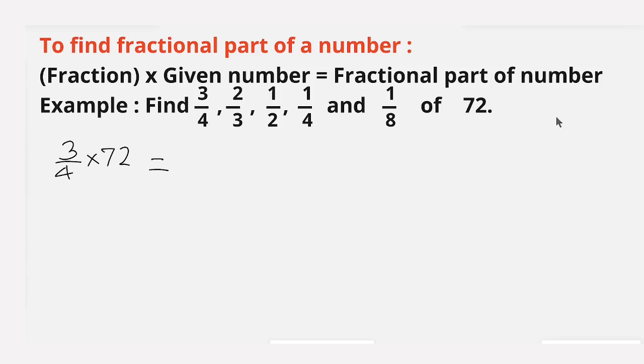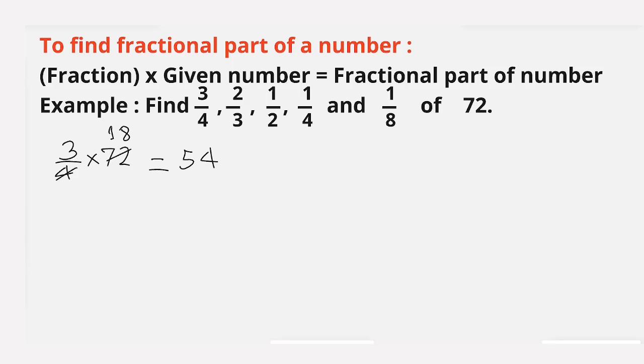For 3 upon 4 of 72, we divide 72 by 4. 4 goes into 72 eighteen times and 18 times 3 is 54. So 3 upon 4th of 72 is 54.